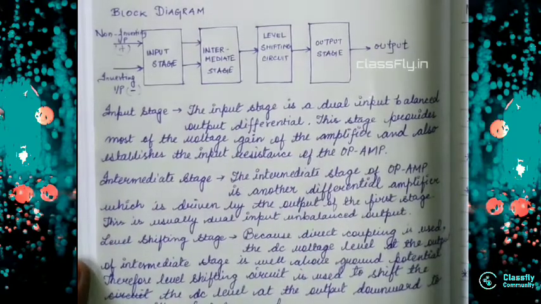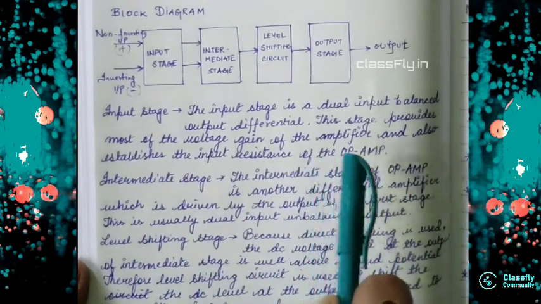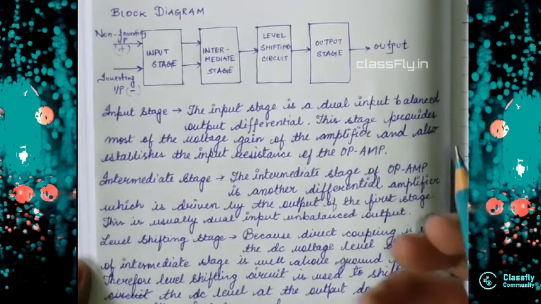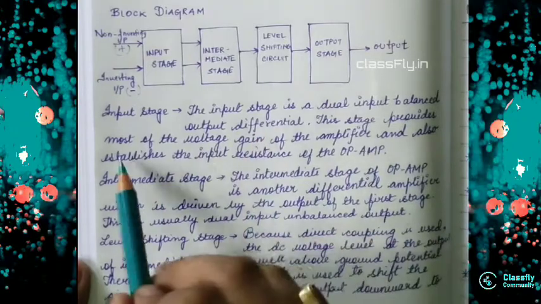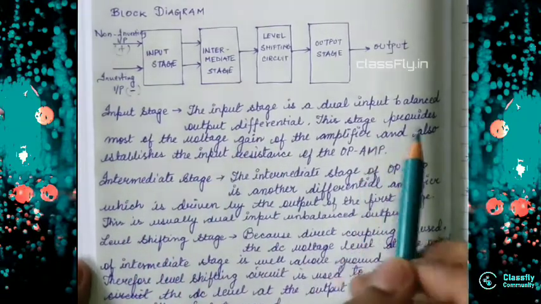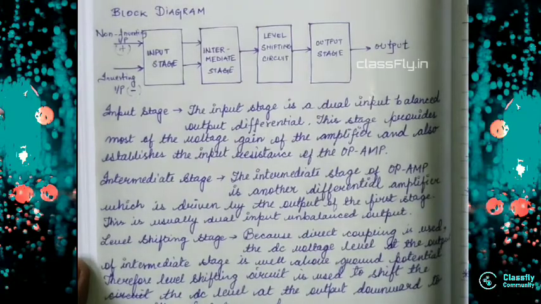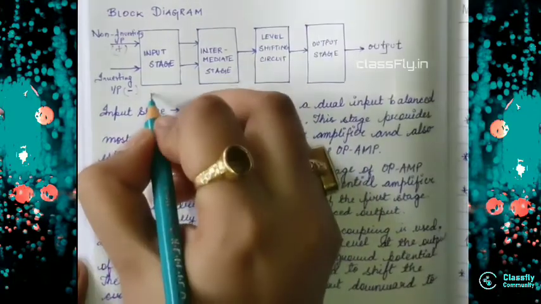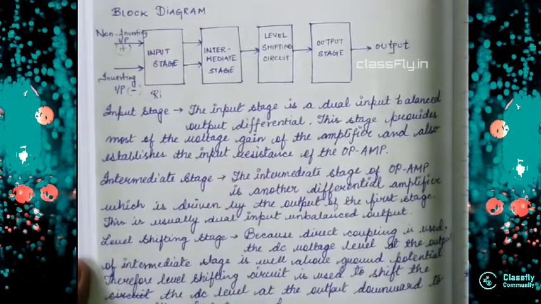It will cancel the common part of the two inputs, and also establish the input resistance of an op-amp. Basically it provides us the voltage gain of the amplifier, and also gives us an internal resistance that we denote as Ri in the input stage.